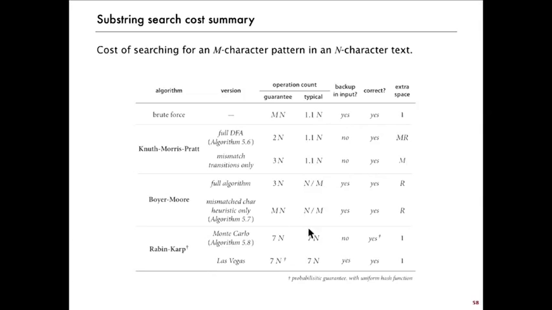And you get Boyer-Moore, who can get the running time down to N over M, which is quite an amazing jump and quite useful. And then the Rabin Karp that's very flexible and extends to all these other situations.